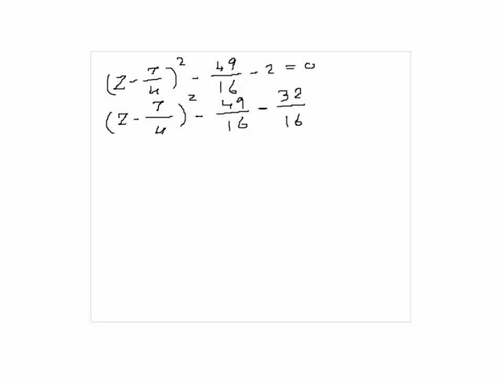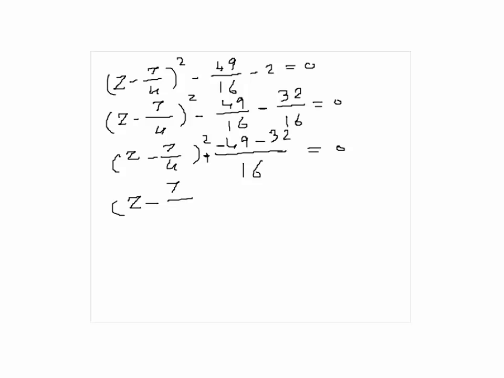You see that 32 over 16 is the same as 2. And I have 0 here. Now I'm able to add these two fractions. So z minus 7 over 4 squared, minus 49, and to make it more clear, I put the negative sign behind 49, and also I have negative 32 here, still equal to 0.